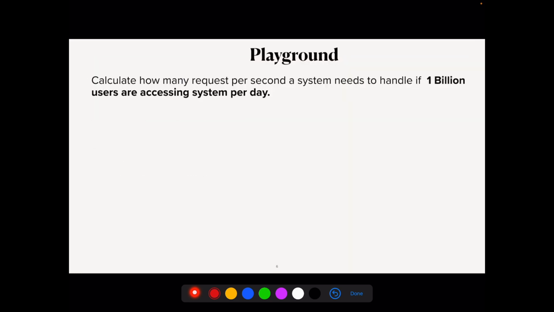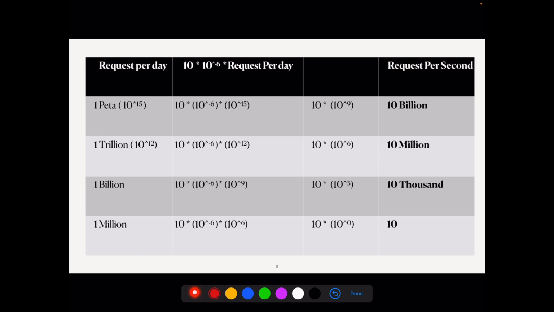So I'm going to give you some examples. Before that, I'll walk you through this chart, which I prepared using the same formula. In this first column, I keep how many requests per day our system can handle, or the traffic we are going to get. The second column uses the same formula I came up with, and we see how many requests per second we actually need to handle.